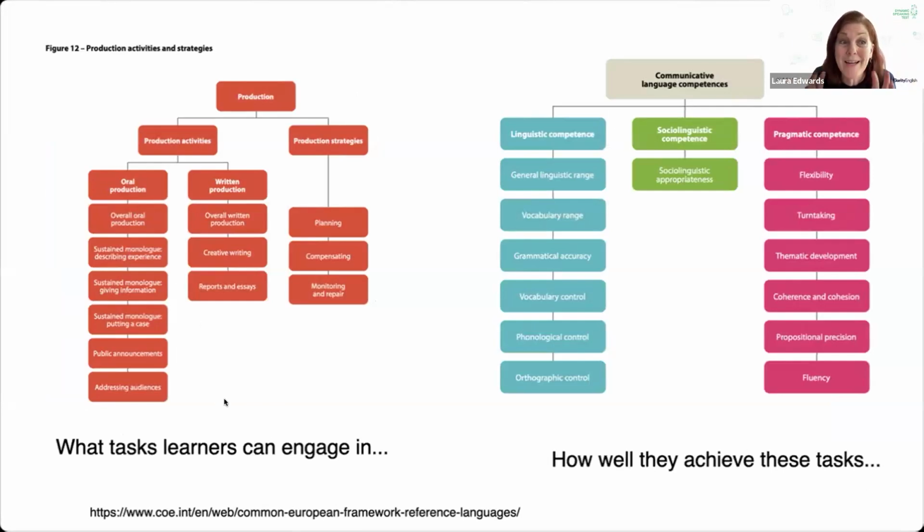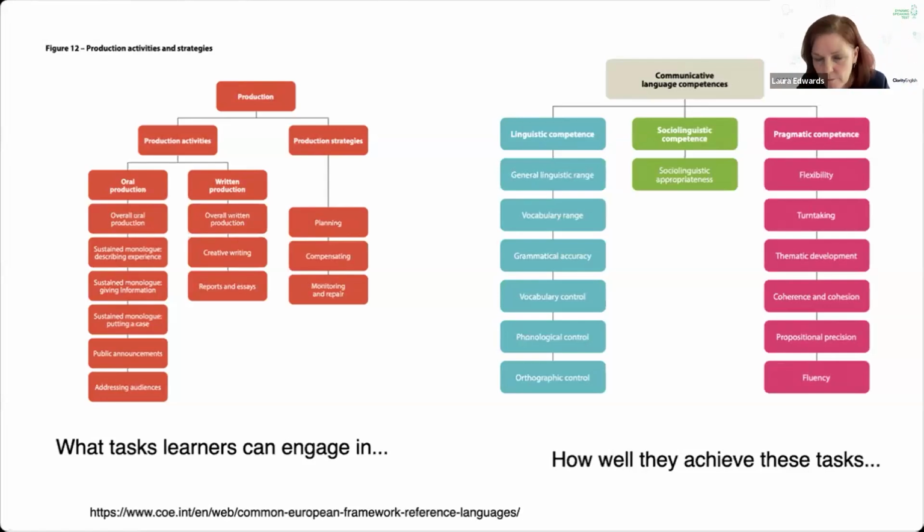So there's a whole band of descriptors explaining in detail how a learner can give a monologue, give a little talk about their experience, and what, at each level, they should be able to do: giving information, putting a case, arguing something, presenting their arguments, public announcements, addressing audiences. So there are different descriptors for all the different production styles.